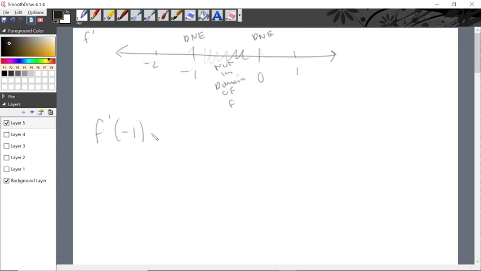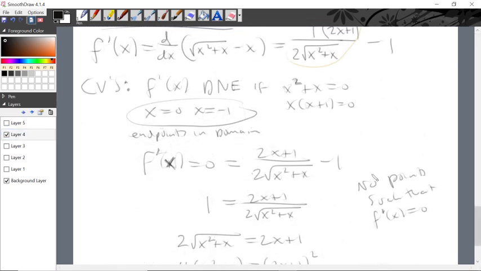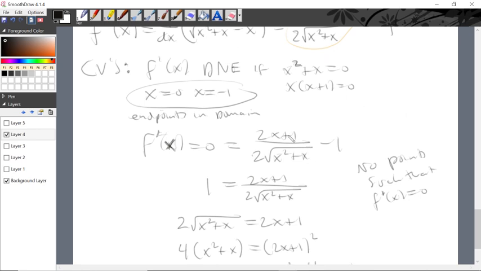So f prime of negative 1, we'll find out what that is, and then we already know that one. F prime of negative 2, I'll color code this. Those are the important values to test around. Okay, f prime of negative 2. So let's import our derivative now. Our first derivative is this: 2x plus 1 over 2 root x squared plus x, and then minus 1.